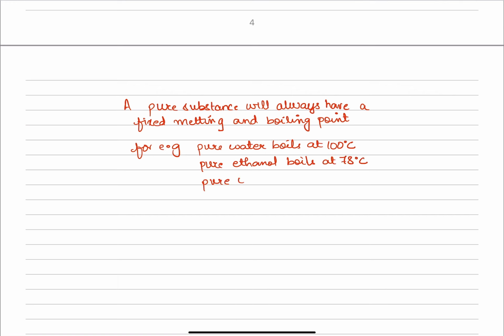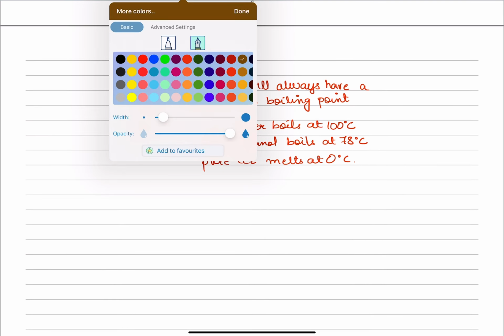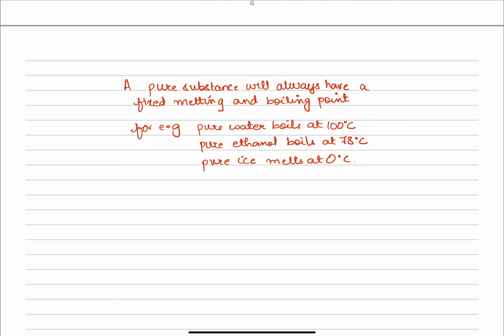Pure ice melts at 0 degrees Celsius. They have a fixed melting and boiling point. And that's how we can identify if a substance is pure or not, by checking if they have a fixed melting and boiling point.